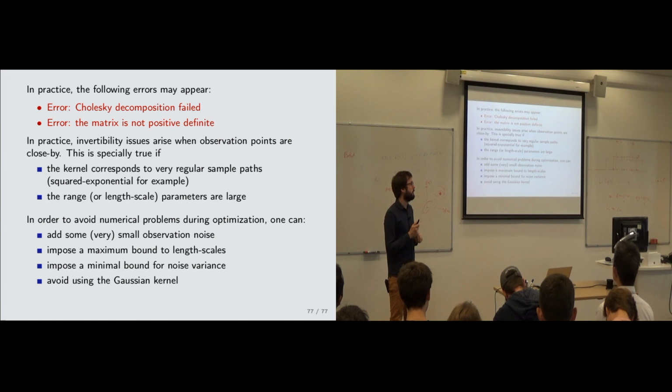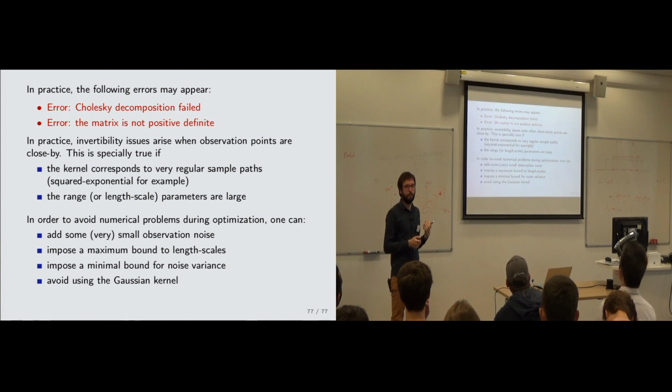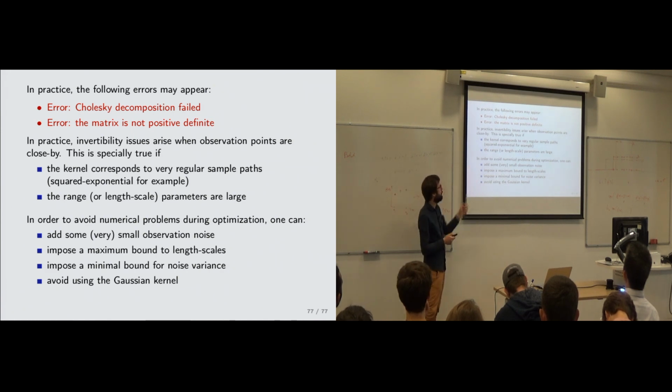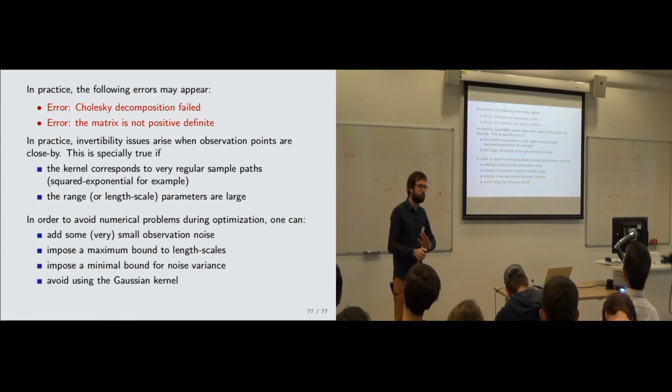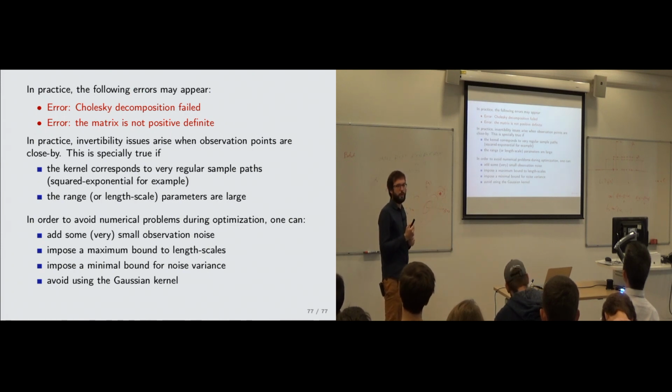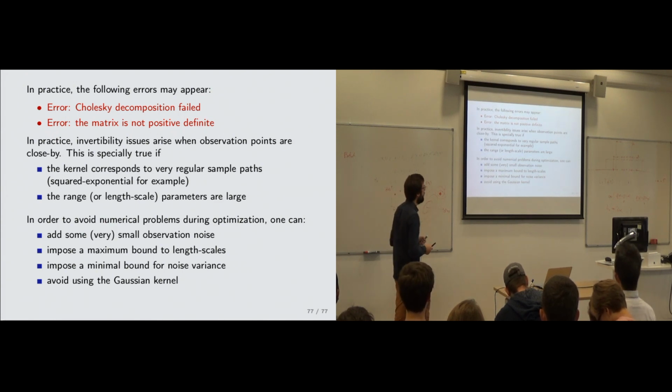So sometimes you can reduce the smoothness, or if you have points that are close by but give the exact same information, you can also remove some of the points without actually losing any information. In order to avoid these numerical problems, it's quite common to add a small observation noise, something very small like 10 to the minus 6 or something like that. It just makes the matrix much better conditioned, and it doesn't really change the model you end up with.